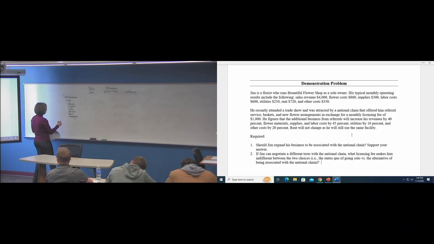Then we have other costs. We always tend to list those last, by the way. So then total costs, and then operating profits. And how do we find operating profits? Take sales and subtract all the expenses. Yeah, so your sales revenue minus your total cost is going to give you your operating profits, right?